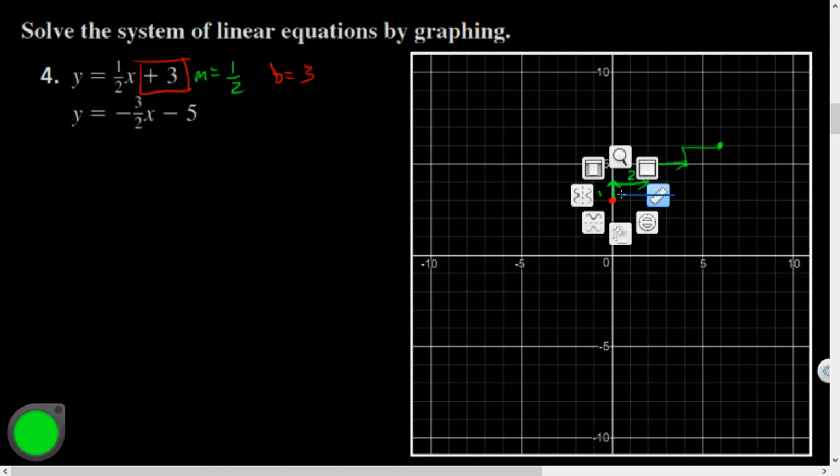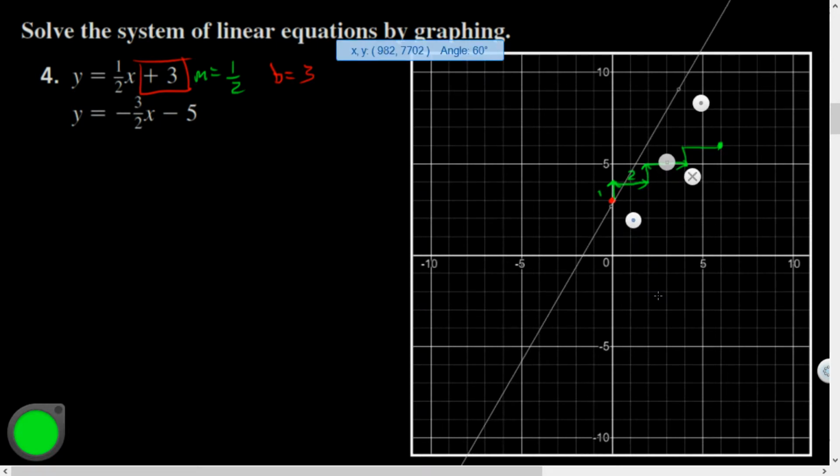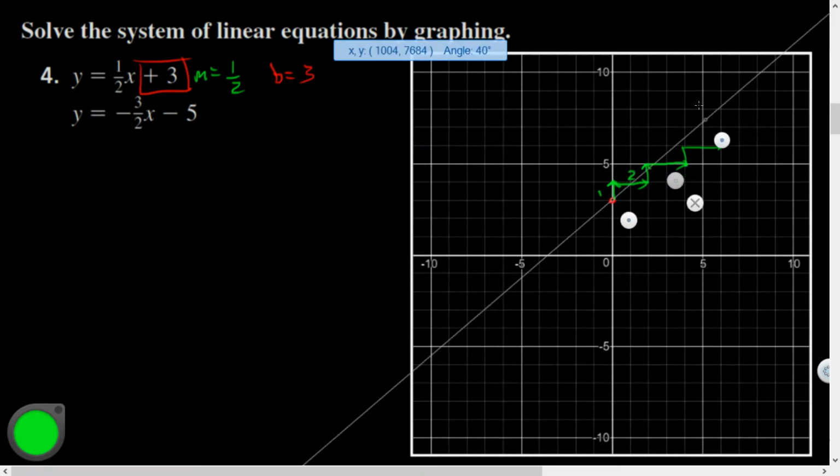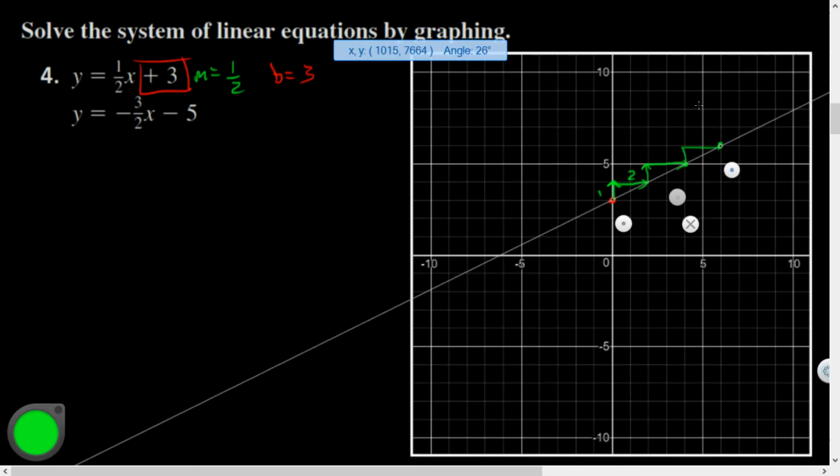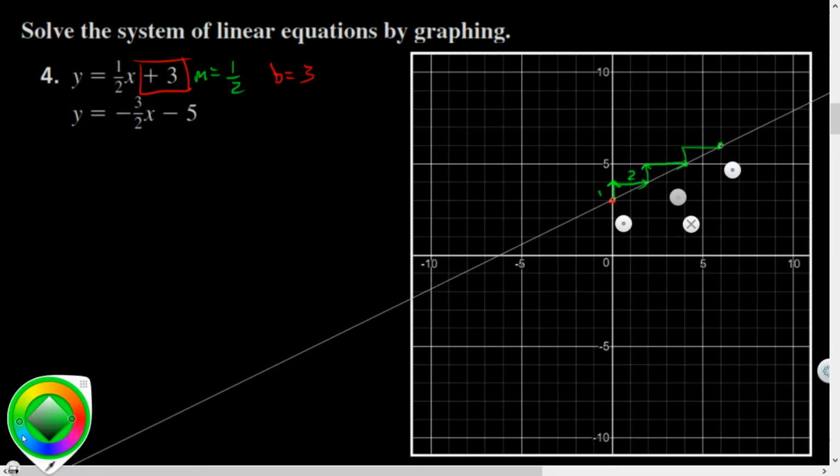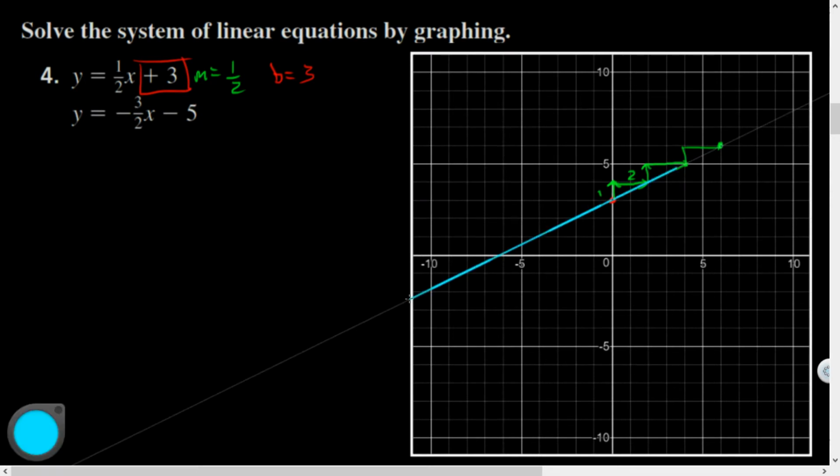That wouldn't be helpful. Let's have you guys now draw the next line, and we'll see if we can find their intersection. I began at the b. All right, so you draw the next line, and then one of you help me out. I'll be around to help you out.